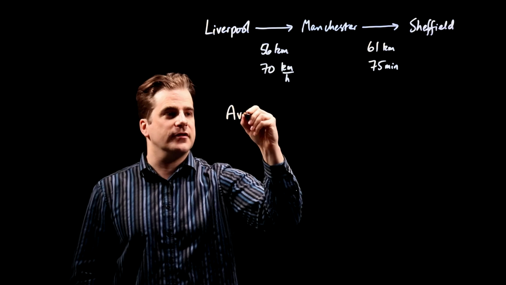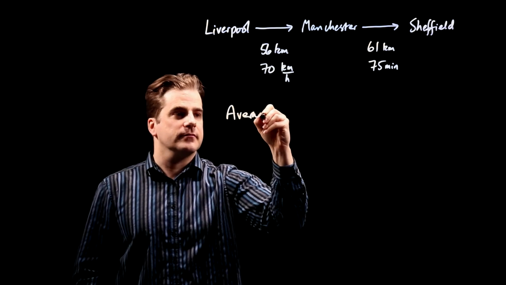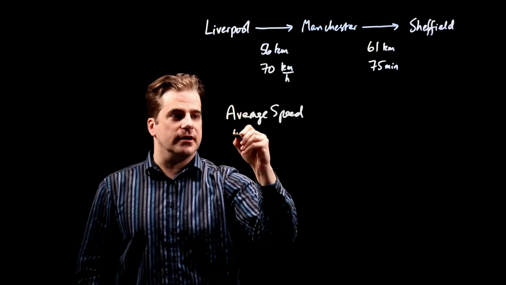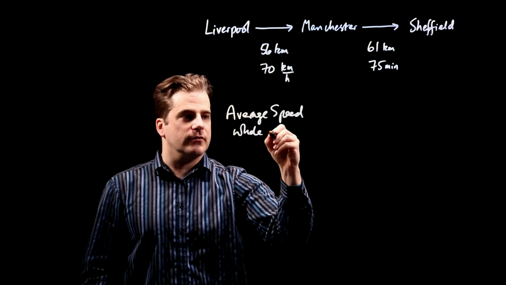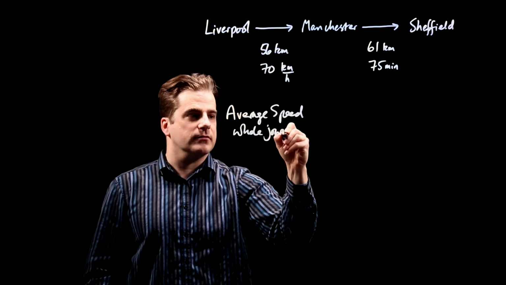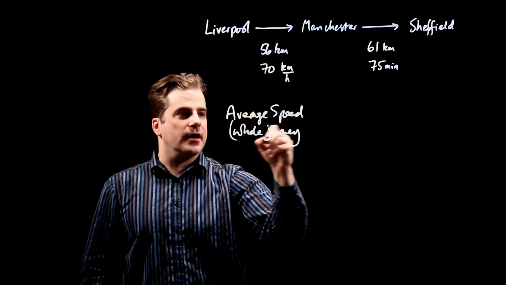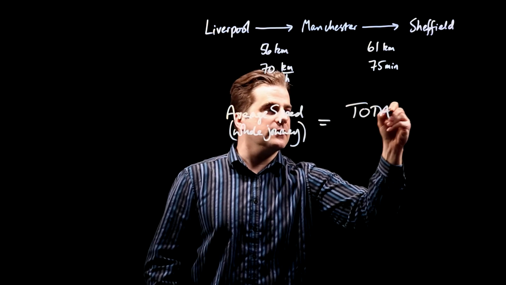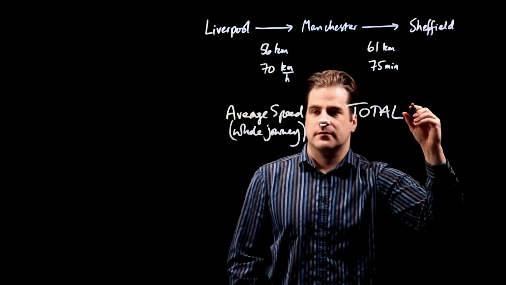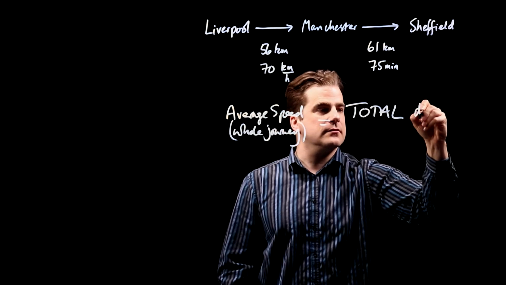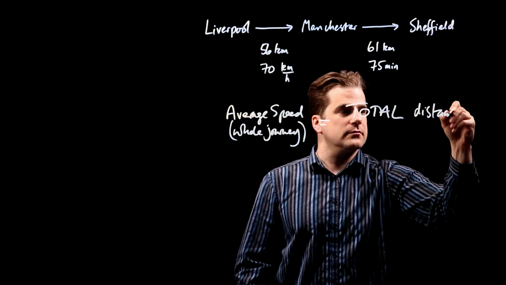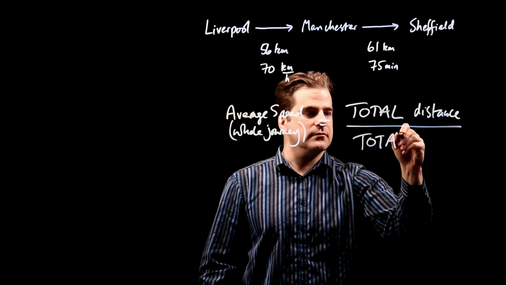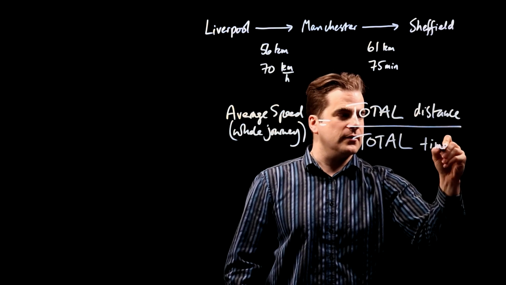The formula is average speed for the whole journey is total distance over total time, right?